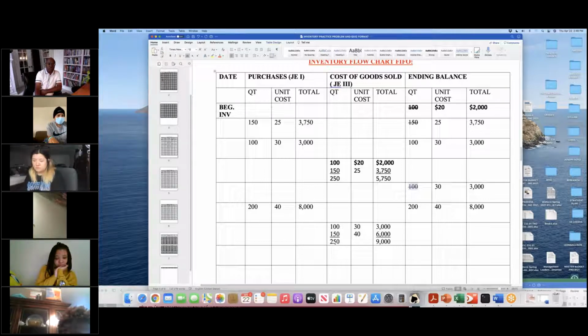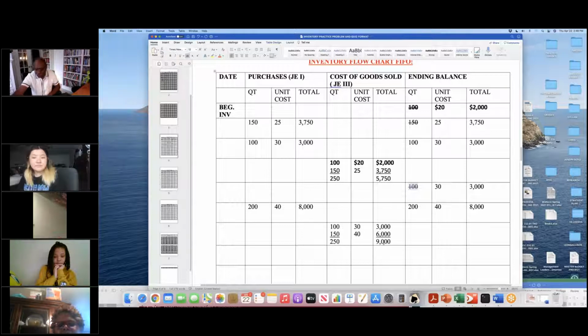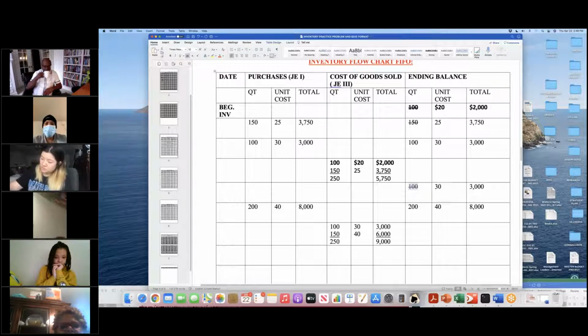But the total sales were 250, so now we come in here and get 150 of these at 40 to get 6,000. Total is 9,000. So all we're doing is adding these two numbers to get the 9,000. Do you see the 133,000? We sold those shoes. Do you see that? Yes, I see that.